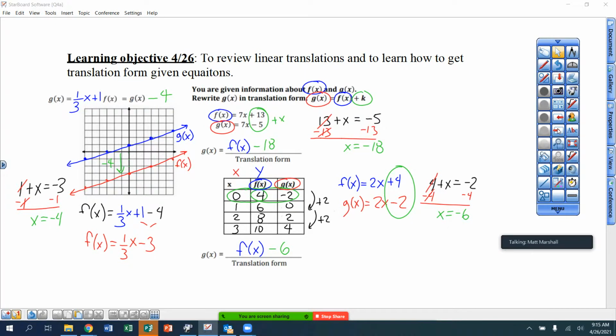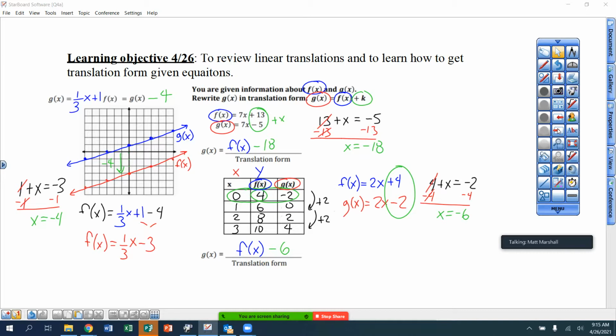Because what we're going to start doing is we're not going to give you the lines. We're just going to give you the two equations. And we're going to tell you that the first one is the pre-image and the second one is the new one. But it's going to be up to you to see that if we give you the y-intercepts of the starting one and the new one, you really have to do the math to figure out what that shift number is.